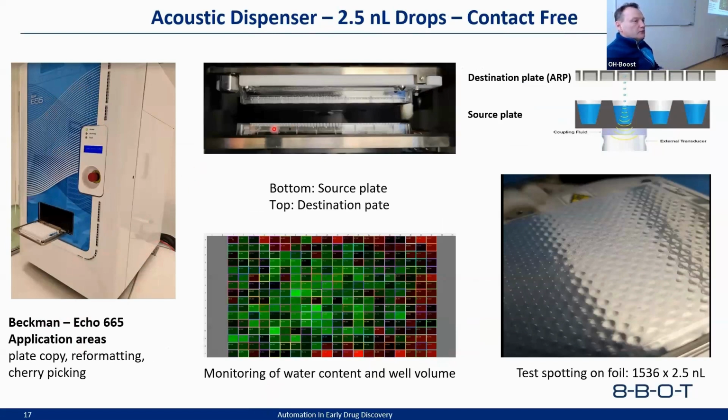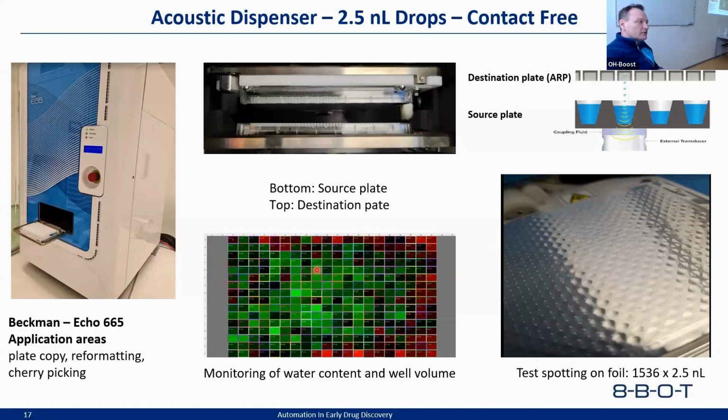The idea is you have a source plate here at the bottom where the liquid is inside that you want to dispense, and you couple an acoustic transducer with water to the bottom, and it's an effect like when you shake sand with a loudspeaker. You eject droplets of 2.5 nanoliter size. They fly through the air to your destination plate, which is upside down on the other side, and they cling to the plate. And it's working perfectly. It's just perfectly expensive.